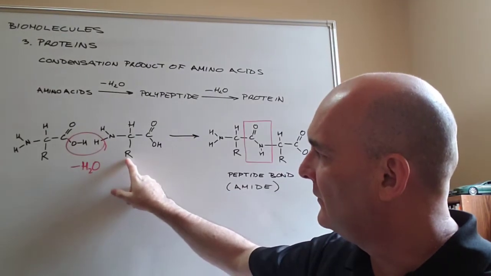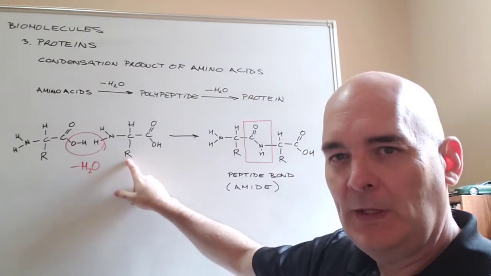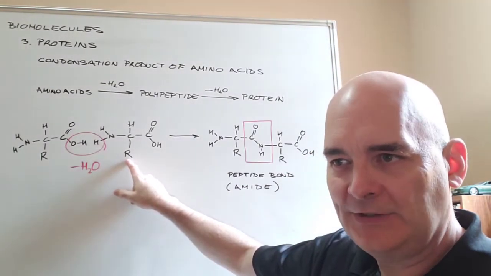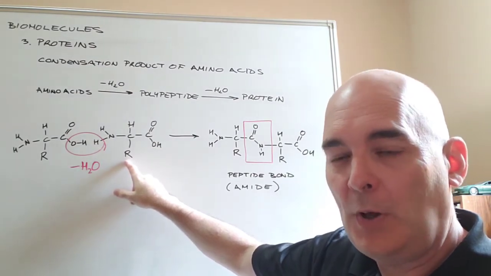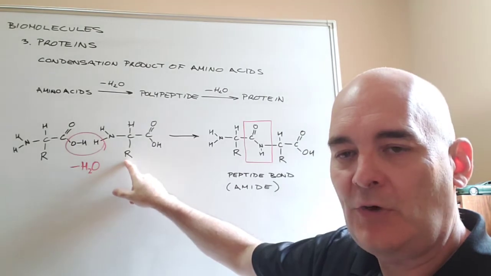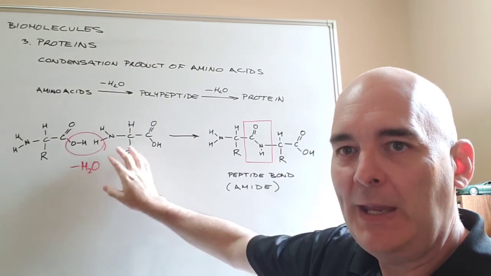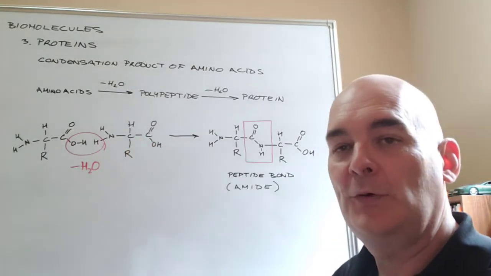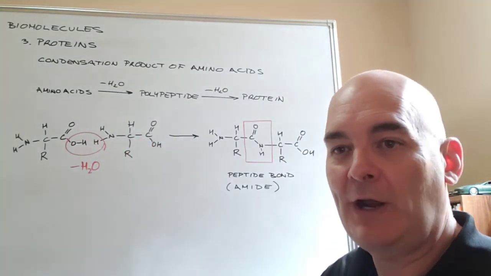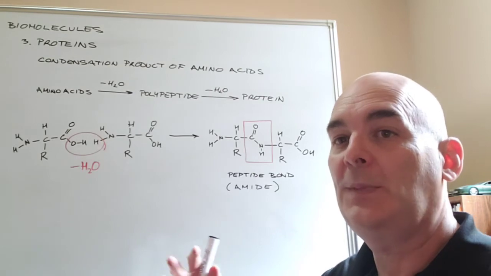Because if this side chain has an electronegative atom, then the side chain will be polar, and polar molecules like to interact with water. And we make a hydrophilic environment, a part of the protein that likes to interact with water, probably going to be on the outside.